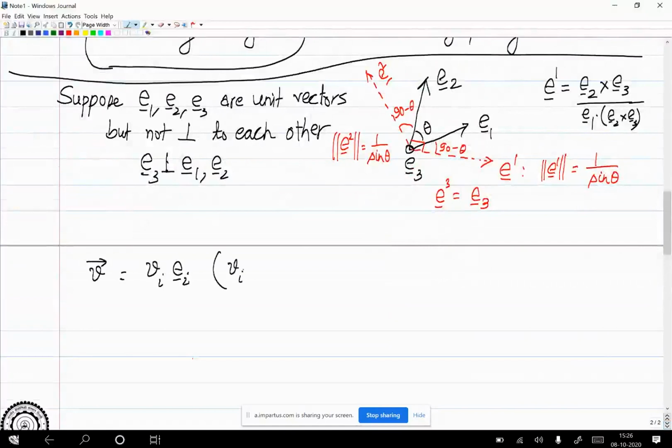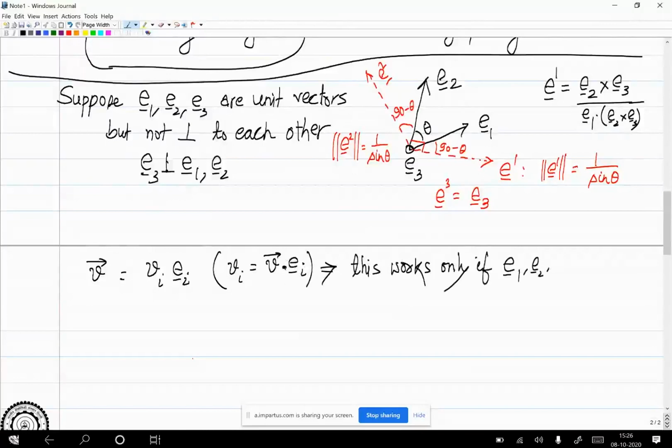Where V^i is equal to V dot E_i. But this works only if E1, E2, E3 are what is called orthonormal.